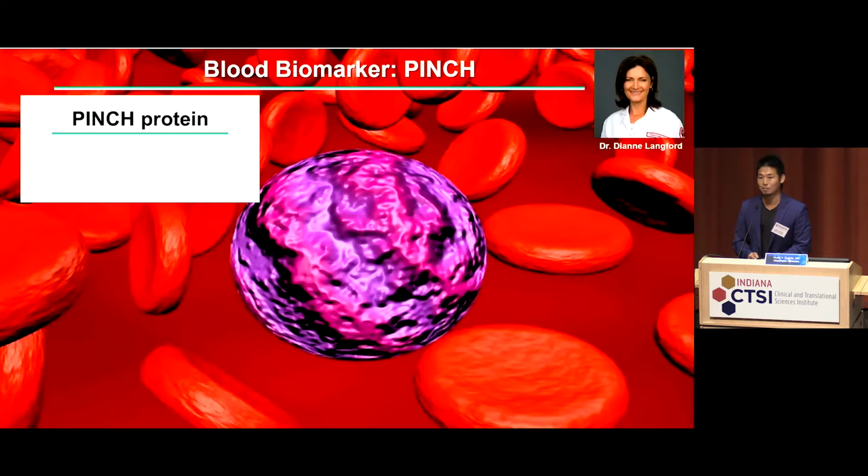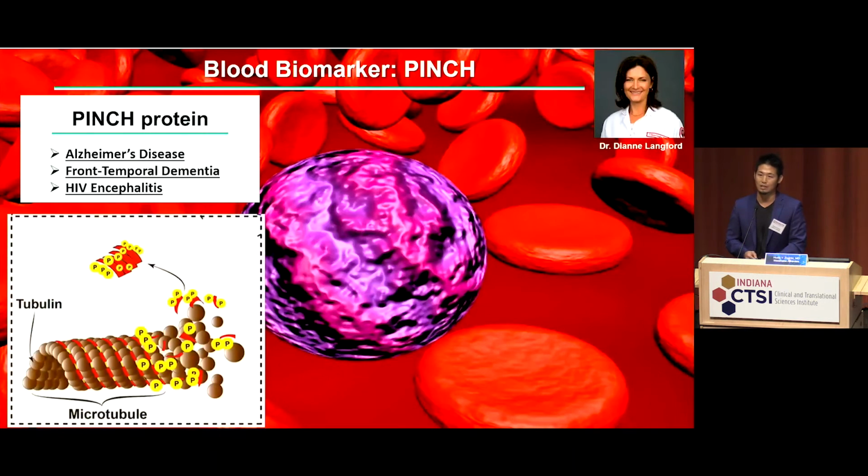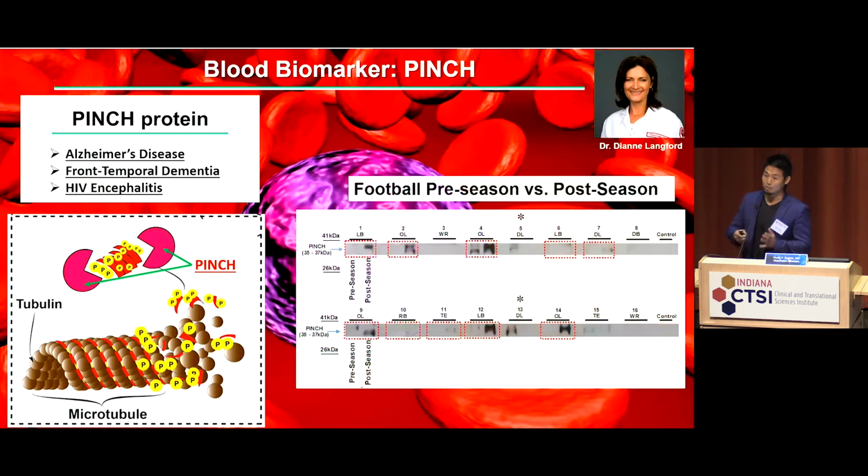Pinch protein has been shown to be associated with Alzheimer's disease, frontotemporal dementia, and HIV encephalitis. When the tau protein is disrupted, whether by degeneration or trauma, the pinch protein is upregulated and binds to the hyperphosphorylated tau protein fragment. And then we applied this using the Western blot method.